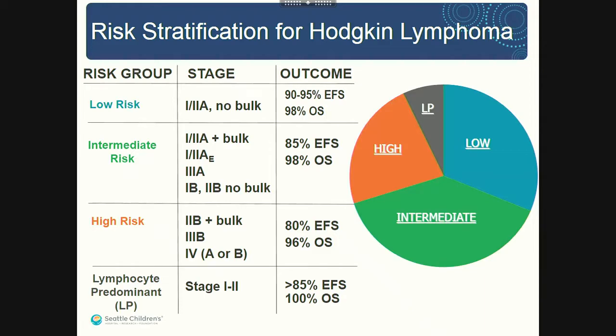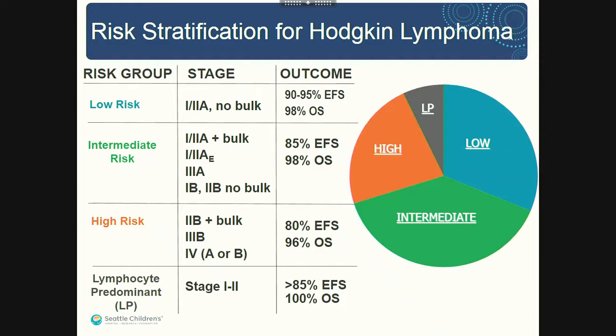So you can see that there's a division between each of the different risk strata. And the outcomes are all really good. Hodgkin's lymphoma cure rates are pretty fantastic. The high risk, it's as low as 80%, and EFS stands for event-free survival. So this is the likelihood of surviving without having relapse of your lymphoma.